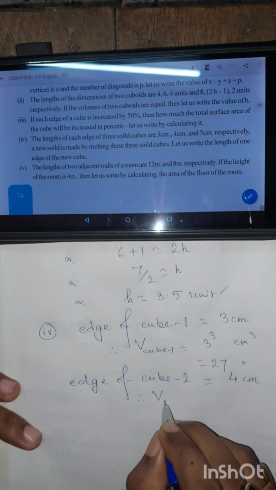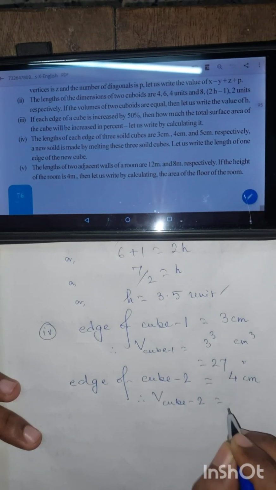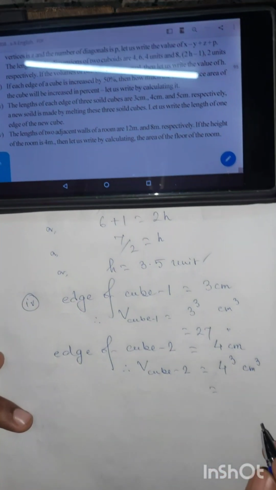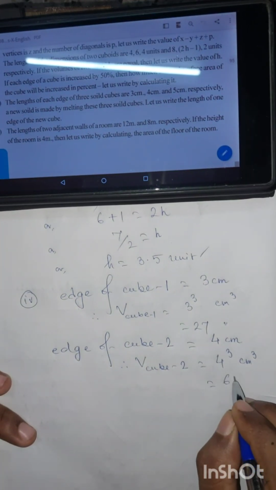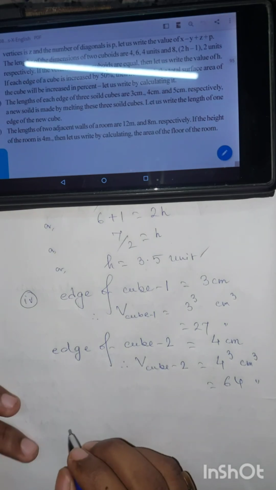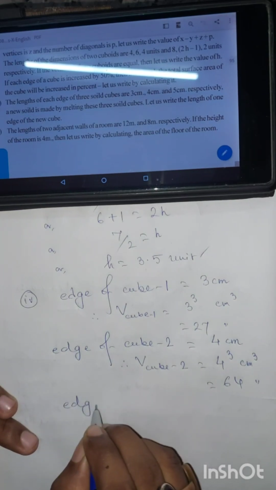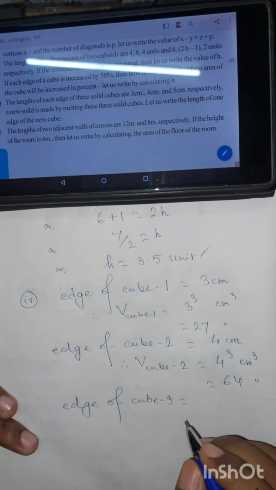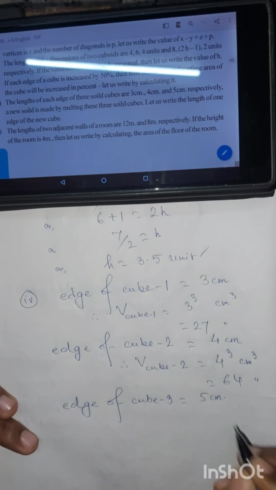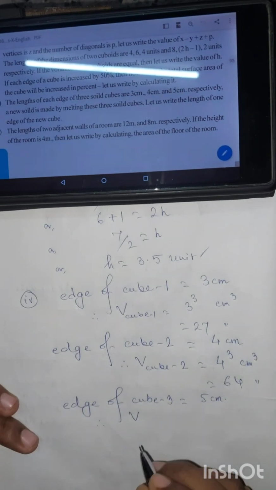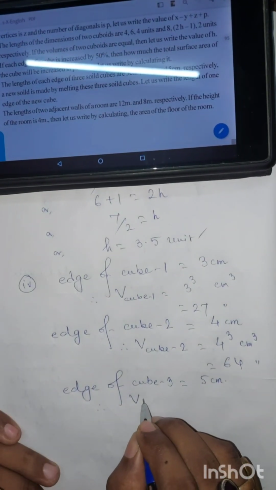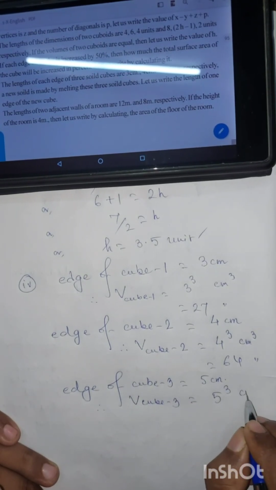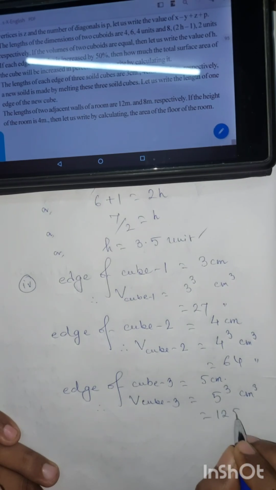Therefore, volume of cube 2 is equal to 4 cube, 64 centimeter cube. Edge of cube 3 is equal to 5 centimeter. Therefore, volume of cube 3 is equal to 5 cube centimeter cube, 125.